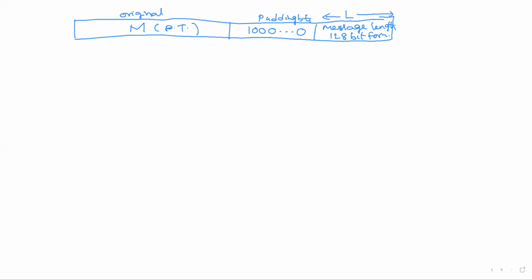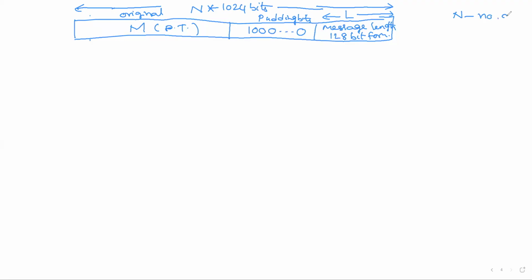After this processing, the total length of the processed message will be in multiples of 1024, some n into 1024 bits. What does that n represent here?